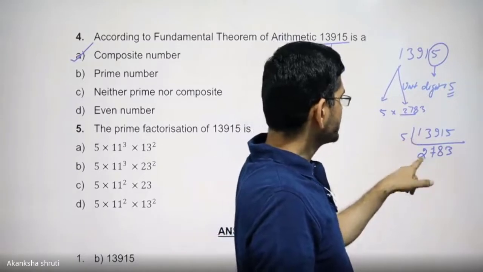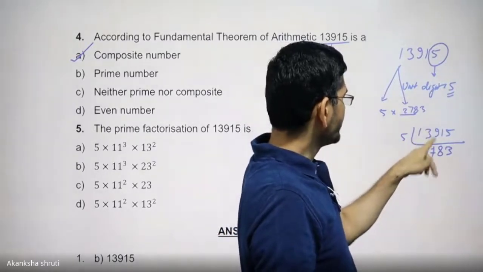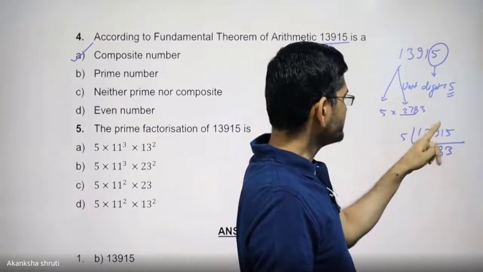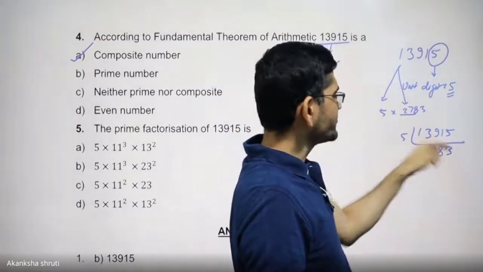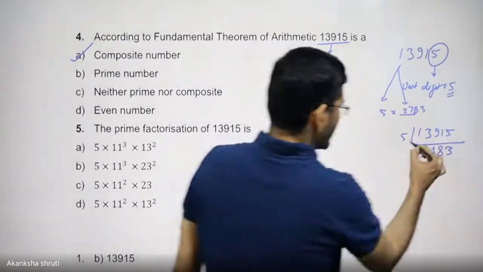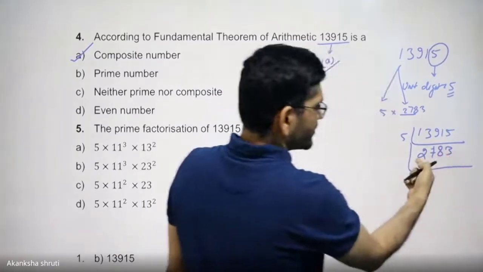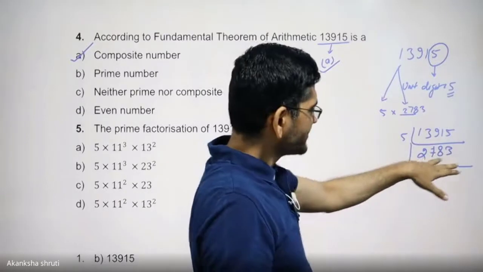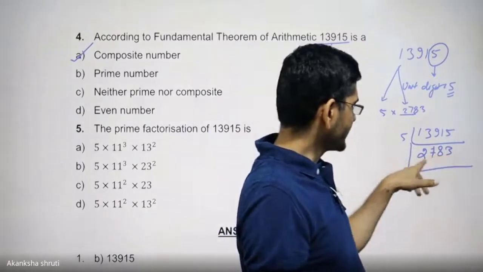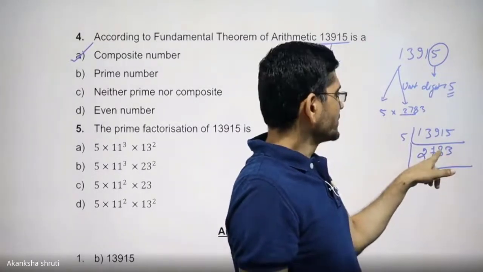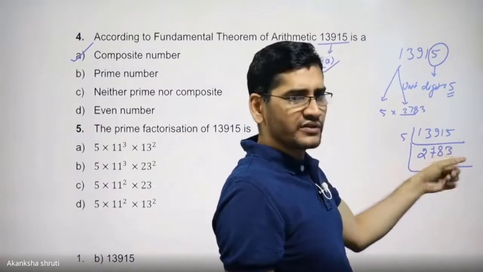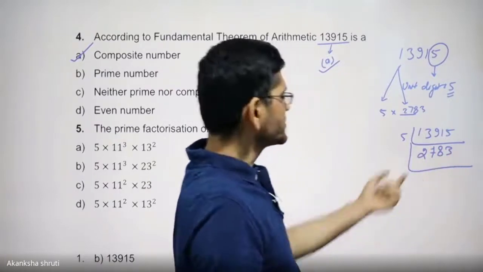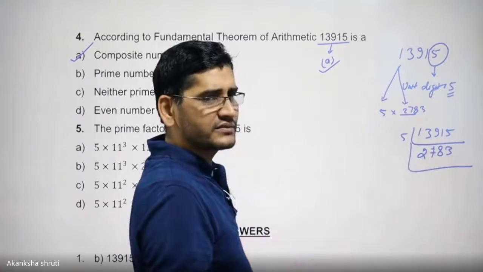So 5 2s are 10, 5 7s are 35, 5 8s are 40, 5 3s are 15. It's okay. Now the next 3. Not even, not divisible by 2. For the 3, just check the sum of digits. You are getting that sum of digits is 9, then 17, then 20. 20 is not divisible by 3, so it will not be divisible by 3.